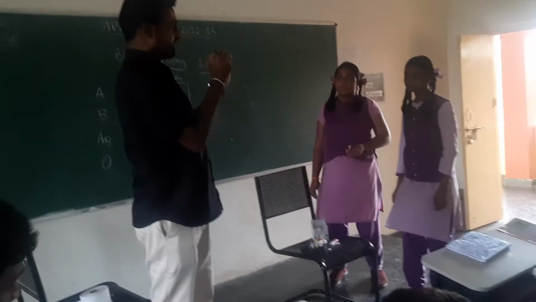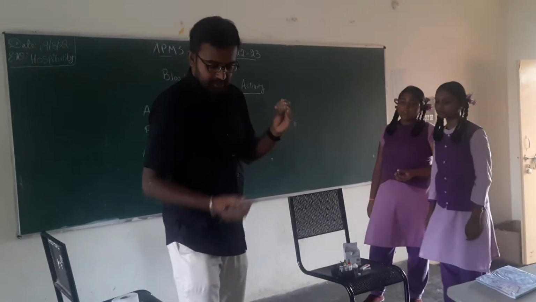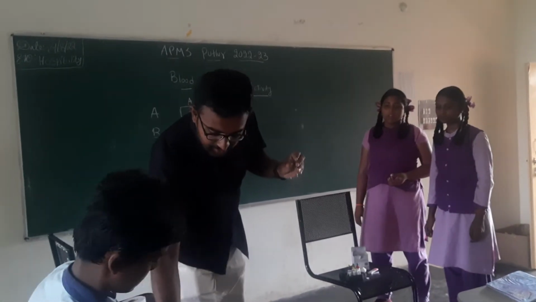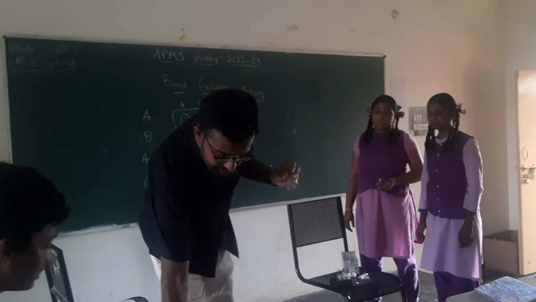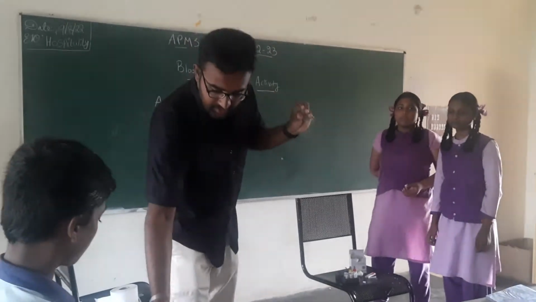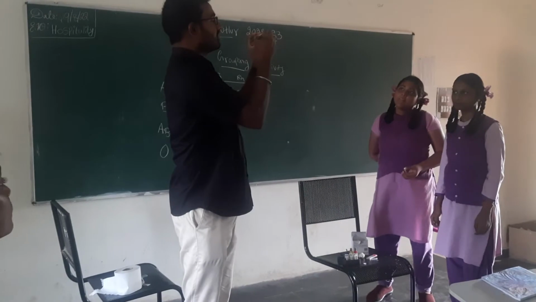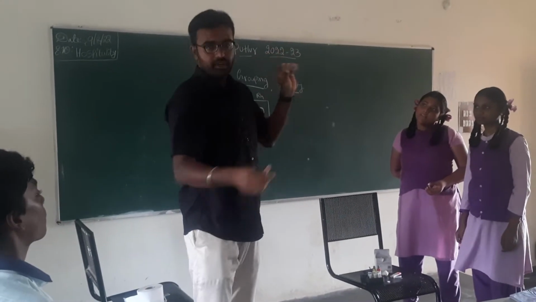I mark A with the green marker, B with the red one, and the RH circle with the black permanent marker.